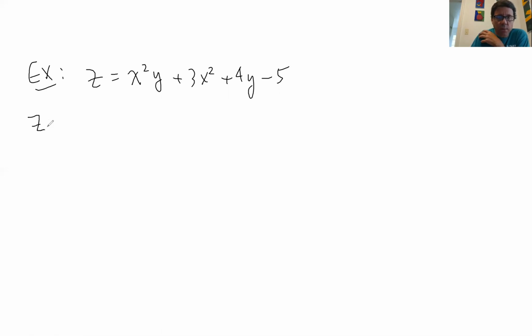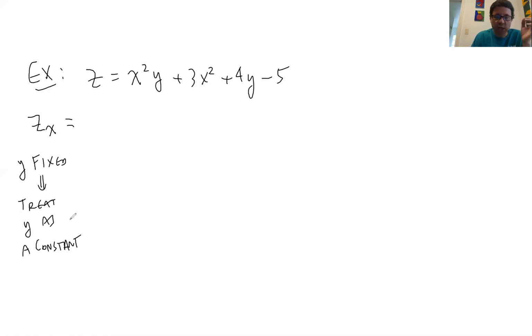z sub x. Remember, this is the key: if you're doing an x derivative, that means you're doing the slope in the x direction. So y is fixed. That means that you can treat y as a constant. When you're doing an x derivative, y is not changing.